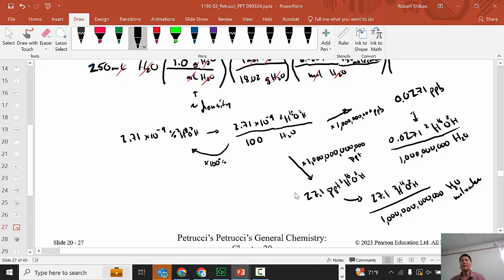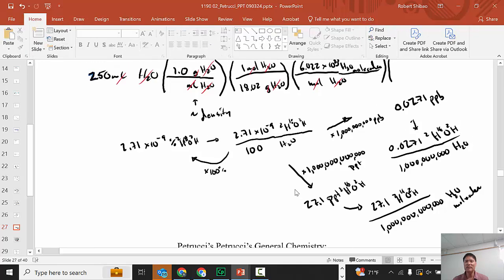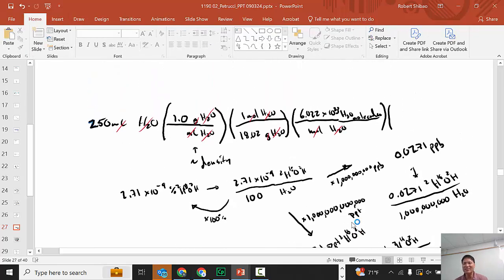But to make it more visually appealing, I'm just going to say it's 271 H2O18 H2 molecules for every 10 trillion waters. So if I have 10 trillion waters, I'm only going to have 271 of those be this. So that's 10, what is that, 10 million, 10 billion, 10 trillion.